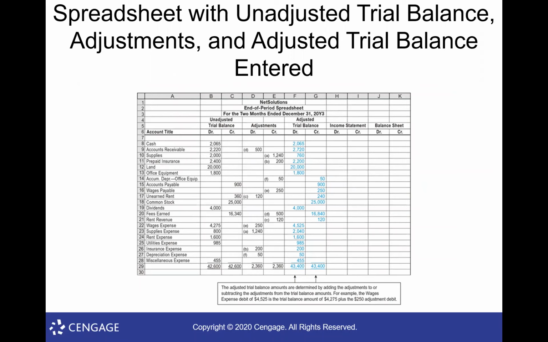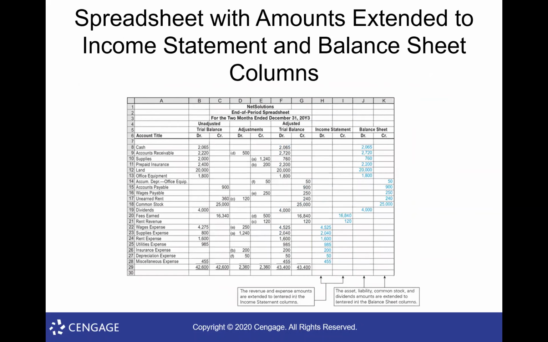We'll see that our debits and credits equal each other. So once we have an adjusted trial balance, we can figure out our income statement amounts. And that's going to be our revenues, our expenses, and then our balance sheets. Assets all have debit balances, liabilities have credit, dividends have the debit. Okay.